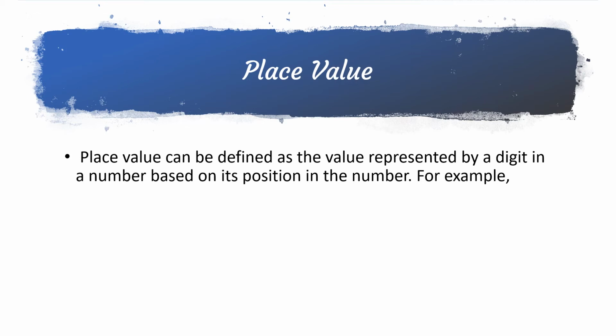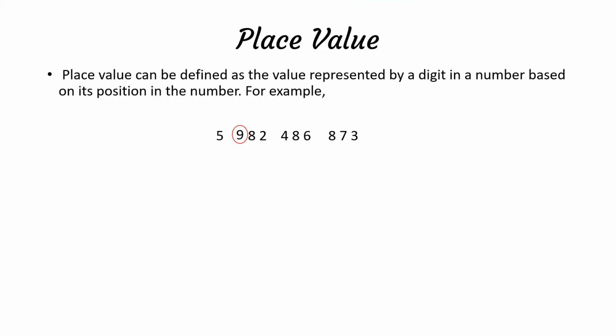For example, we will discuss this in detail by considering an example. Okay, here I have an example and we have to write the place value of digit 9 in this number. So first we will see what space this digit occupies in this number. If you see, this is in millions group and 9 is at 100 millions place.